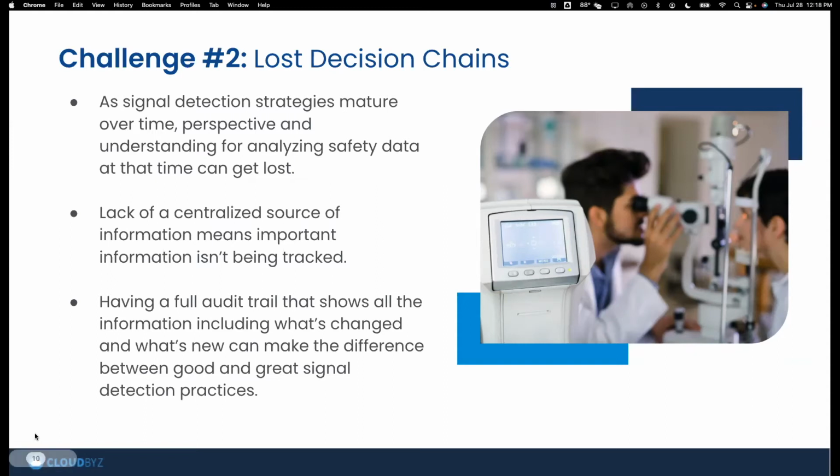And then when they do happen, suddenly it's a real issue. To avoid that, I think a best practice would be having some sort of audit trail, some sort of centralized location of information that ensures that all of the context around your signal detection and your PV practices is maintained in a single centralized place.